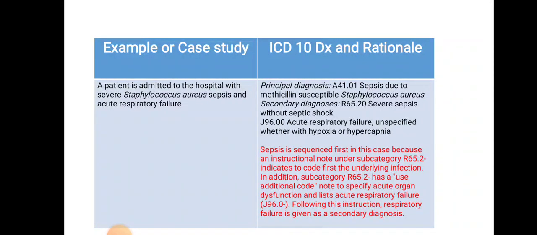And since there is acute respiratory failure, we have to code it again as an additional diagnosis: acute respiratory failure, unspecified whether with hypoxia or hypercapnia, J96.00. The rationale is that sepsis is sequenced first because the instruction note under category R65.2 indicates to code the underlying infection first.